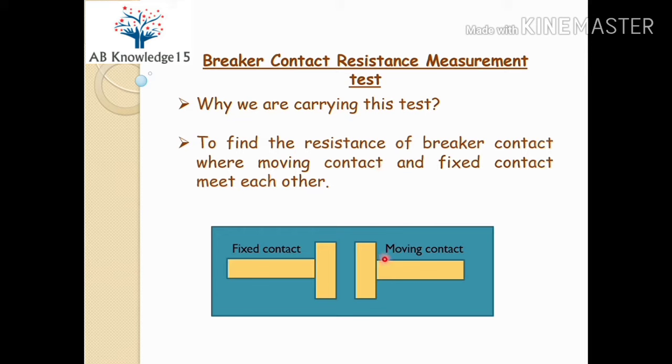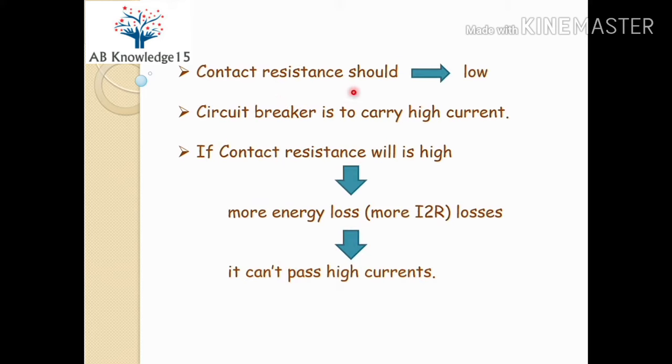In any breaker pole, inside there is one fixed contact and a second one, the moving contact. When these two contacts meet each other, we have to calculate the resistance of that contact, and this resistance of contact should be as low as possible.